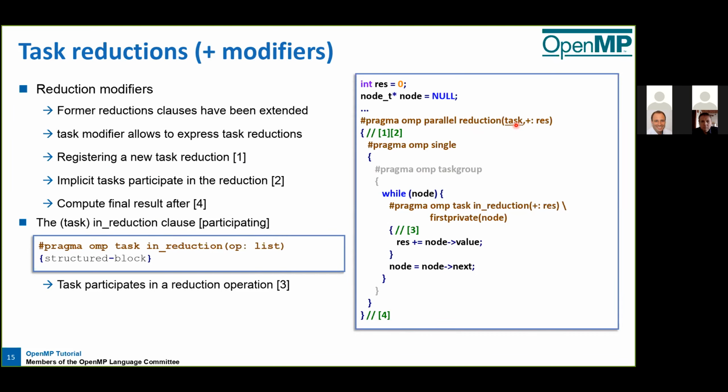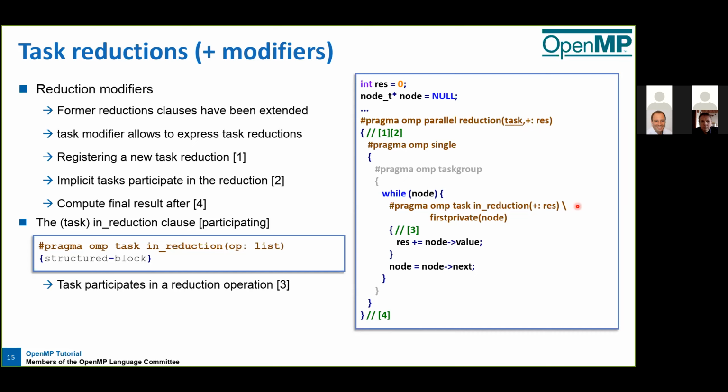So this is why modifiers have to be added. Here we have again the operator, the variable, and this shall be part of a task reduction. And then we don't need the task group construct, but again, at the task, we have to say that it takes part in the reduction via the in reduction clause.